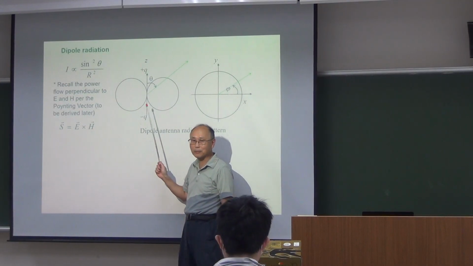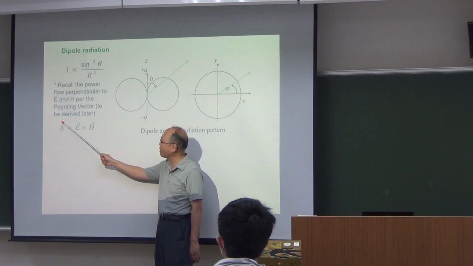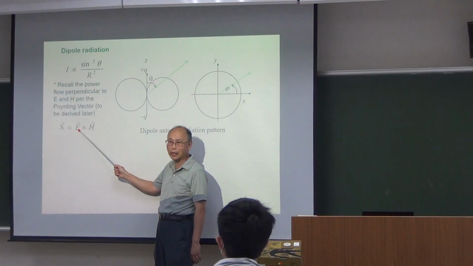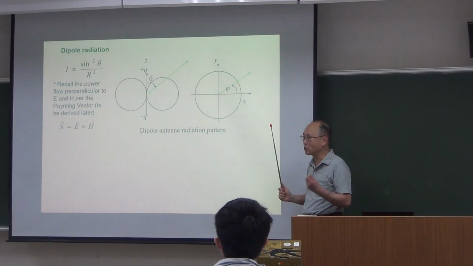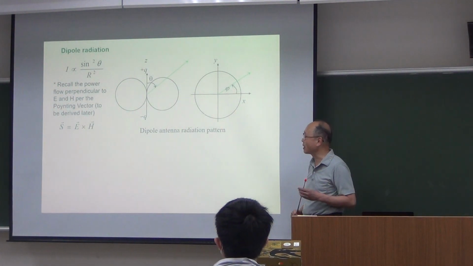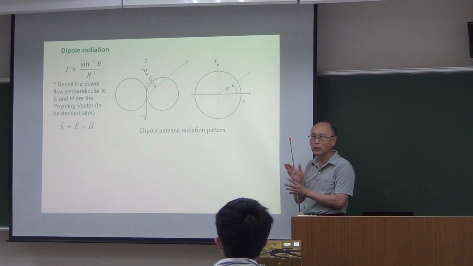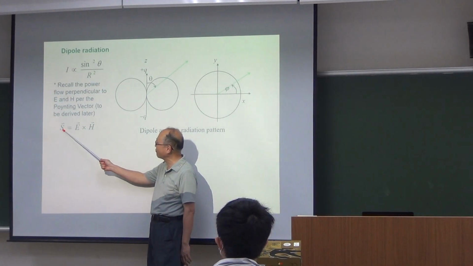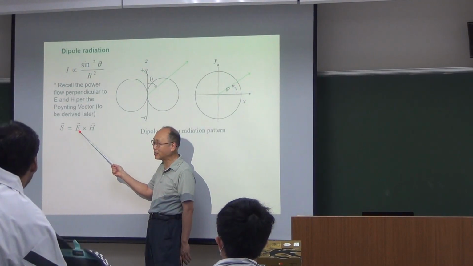And from basic mathematical rule, you know that the power flow direction is going to be perpendicular to the electric field direction and magnetic field direction. So this is a very basic, quick interpretation about the flow of the power along a certain direction. The important thing is that this power flow is going to be perpendicular to the electric field direction and the magnetic field direction.